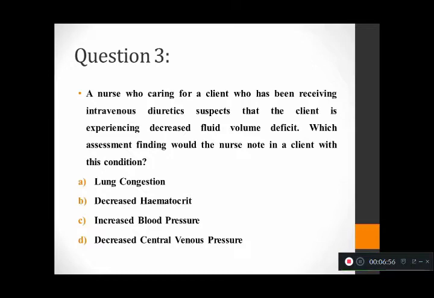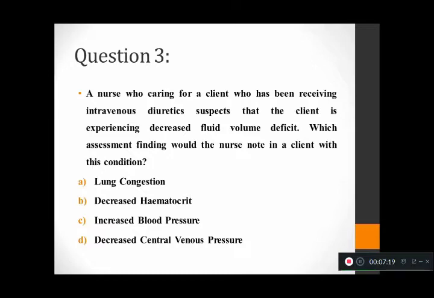So here the question tells clearly that a nurse is caring for a particular client, the client is under intravenous diuretics. Also, the nurse suspects that the client is having fluid volume deficit. What assessment will she take to find out the client is having fluid volume deficit?